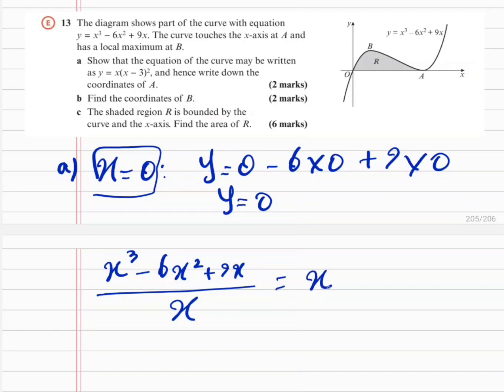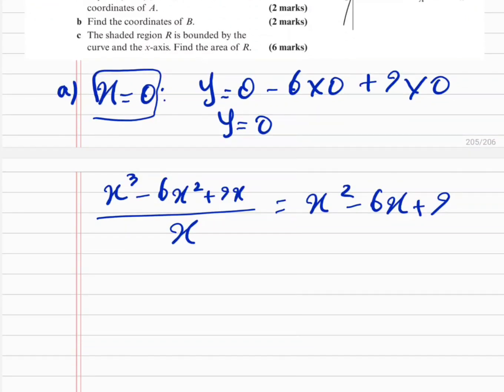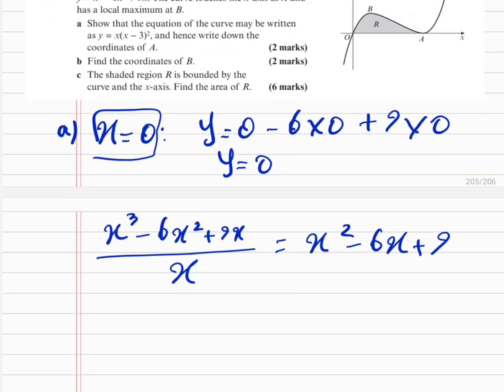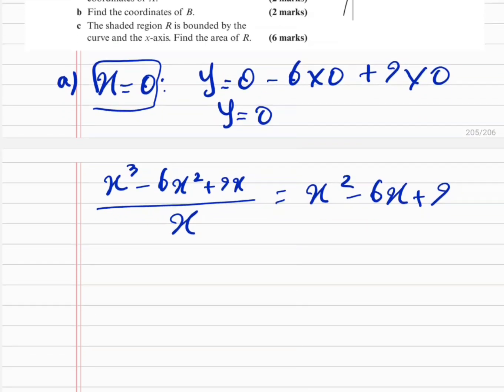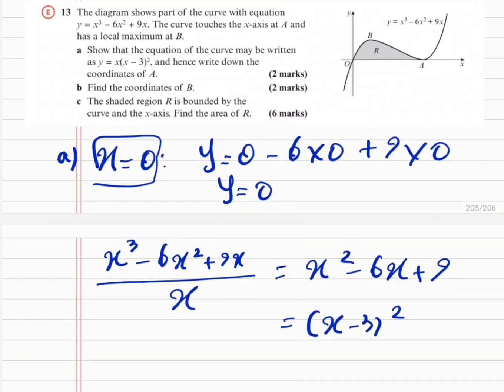So now we get x squared minus 6x plus 9. And now if we factorize this expression, then we'll get the remaining roots. So x squared minus 6x plus 9 is obviously equal to (x minus 3) squared, right?